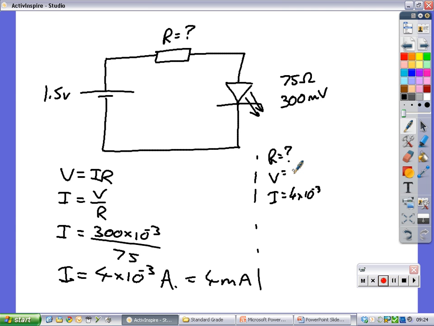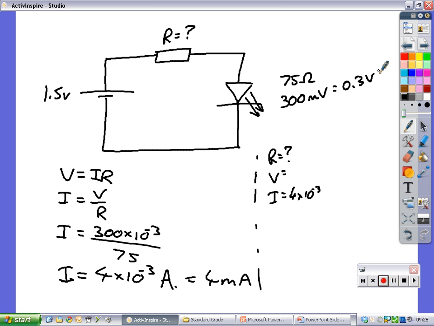So how did you work that out? 1.5 minus the 300 millivolts. If you were to write 300 millivolts in standard units, it's 0.3 volts.